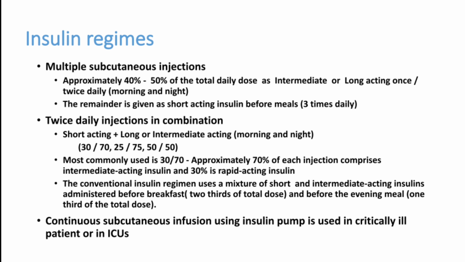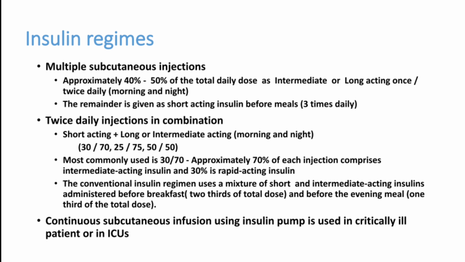We have 30-70, 25-75, and 50-50. 30-70 means 30% short-acting, 70% long-acting. 25-75 means 25% is short-acting, 75% is long-acting. 50-50 means 50% short-acting, 50% long-acting. 50-50 is very important in patients with high postprandial blood sugar. If somebody has high postprandial blood sugar, 50-50 insulins are better than 30-70 or 25-75.